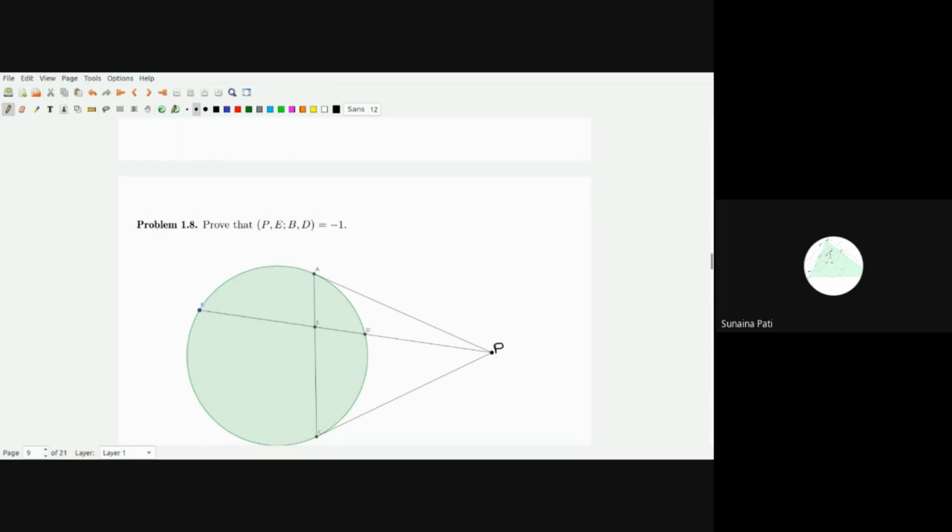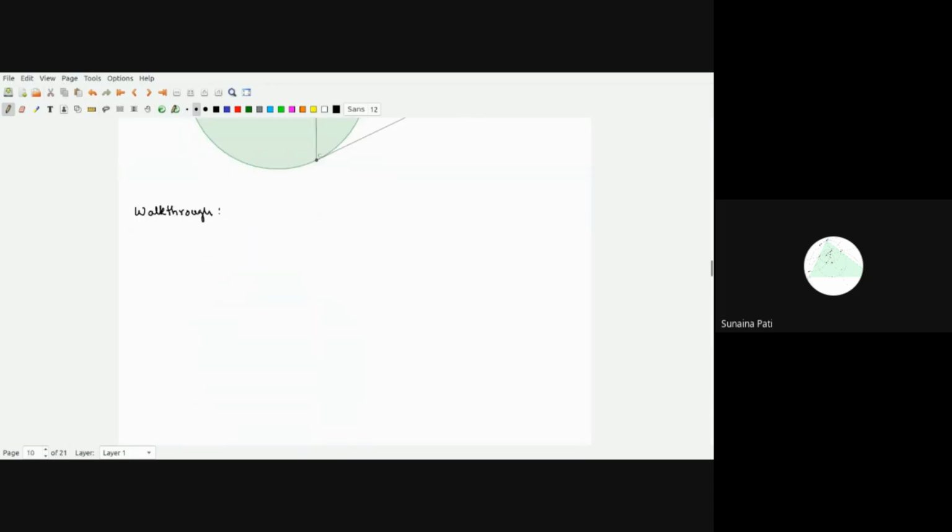Basically, you're projecting the harmonic chord to the line. That's what Anurag said, right? Yep. Okay. Let me give the walkthrough for the sake of completion.